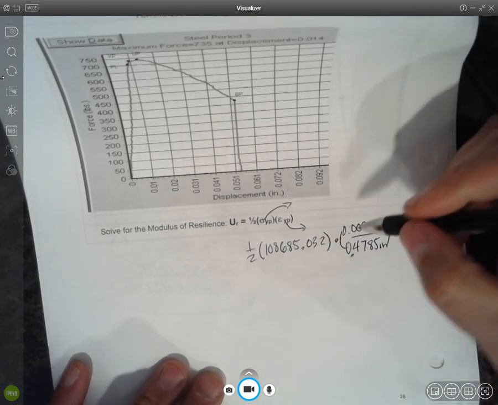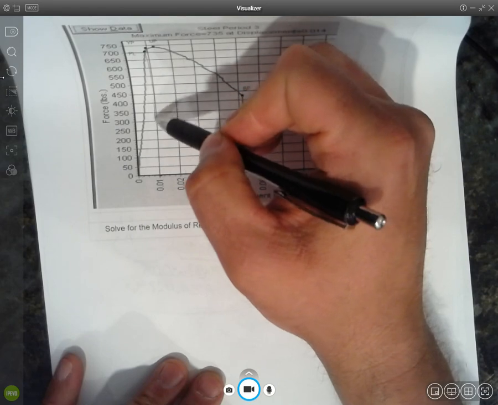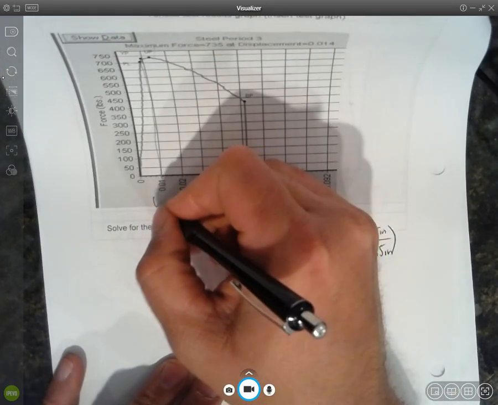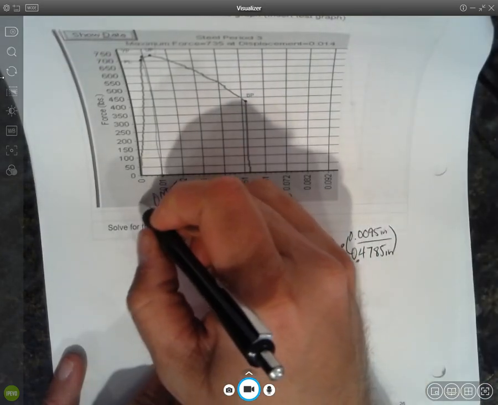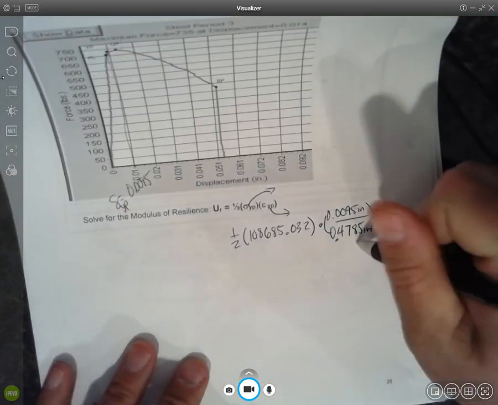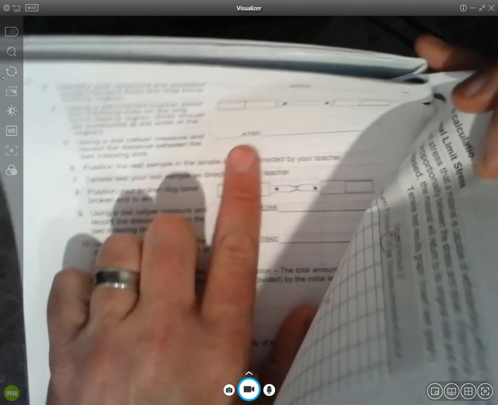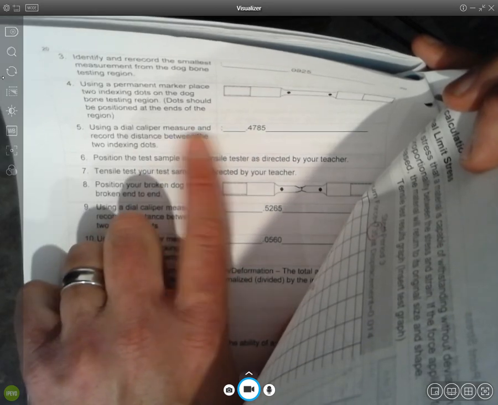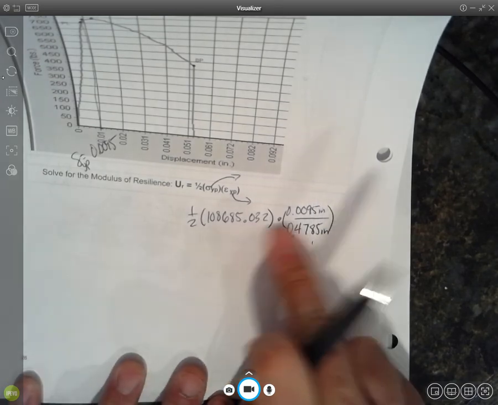If you're not sure where those two came from, the yield point strain, and I'm calling that 0.0095, is the deformation at the yield point. And the original length, again, we flip back to the beginning, 0.4785 is the distance between. That's our original length.